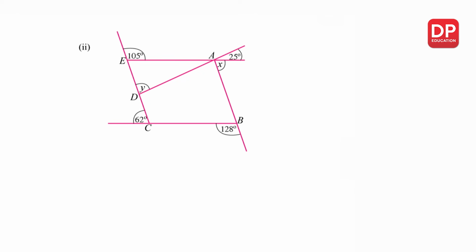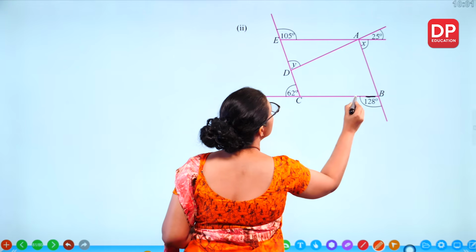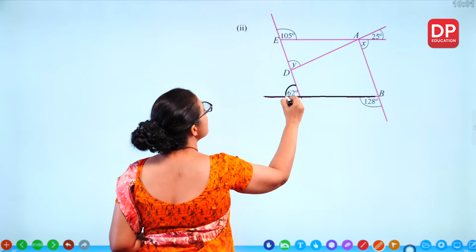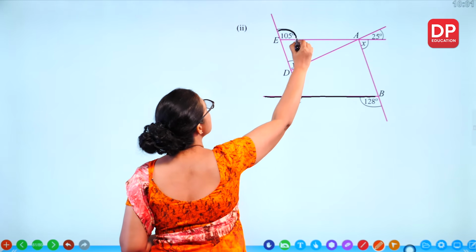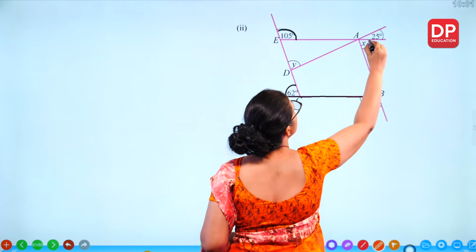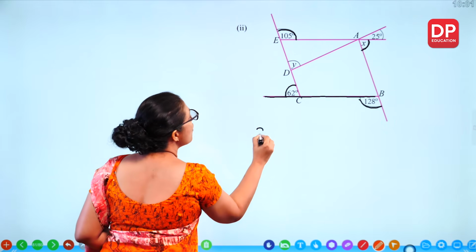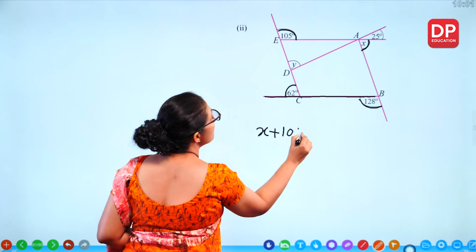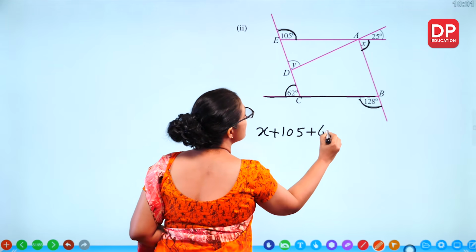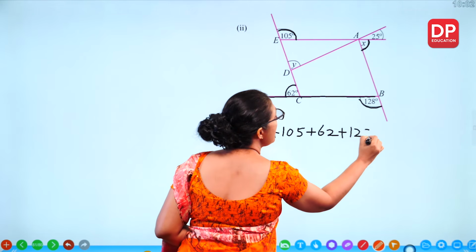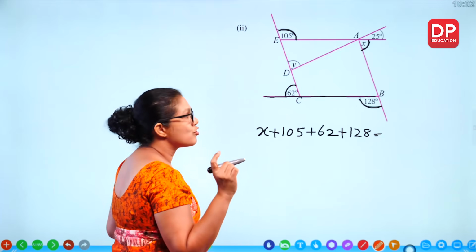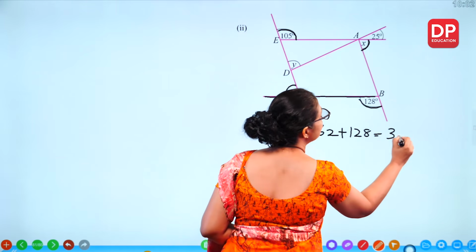Look at this diagram. When you extend this line, you get this exterior angle. When you extend, you get this exterior angle. And here this is exterior angle and this is this. So what can you say about x plus 105 plus 62 plus 128? That's equal to 360.